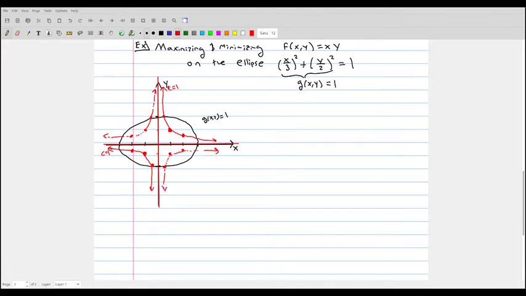And you can draw more level curves for higher and higher values of c. And you're just going to get hyperbolas for larger values of c that are sort of stretched out a little bit more.